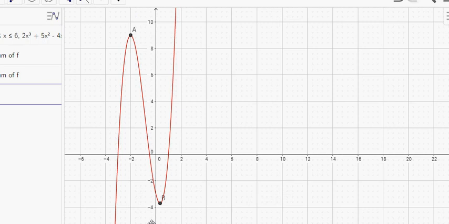We can see with our original function here, it crosses the x-axis in 3 places. Here, here, and here. -3, -0.5, and 1. So it has 3 roots. The only way we can make this function have one root, well, there are 2 ways of doing it.